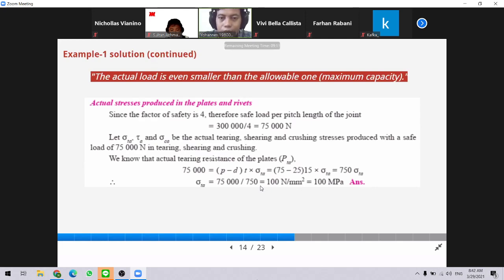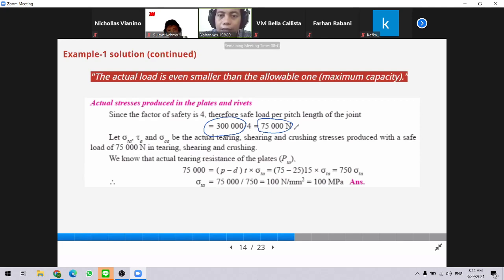Okay. So I want to make sure that we understand that the load that can be held by the joint we design is 300 kilonewton. But because we want to make it safe for the user, we divide by the safety factor. So here we have 75 kilonewton. It is much smaller.